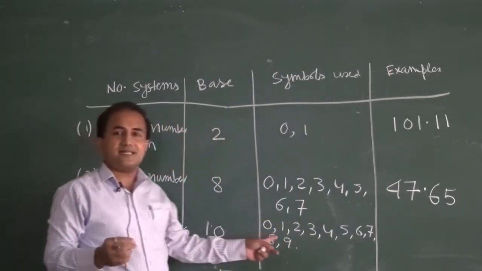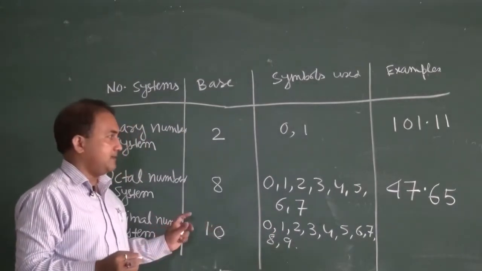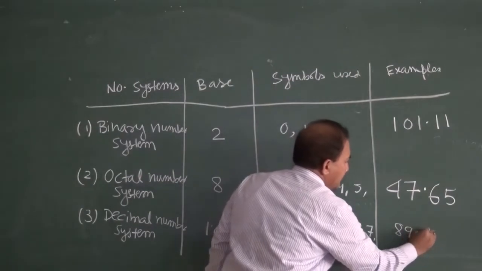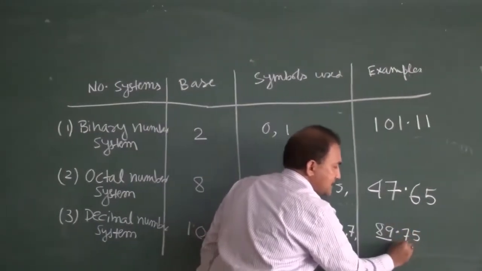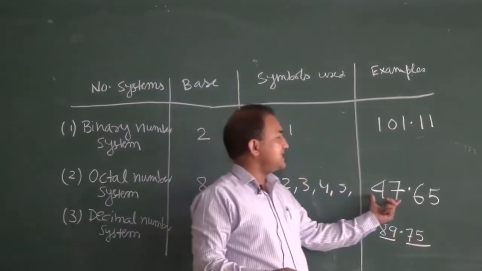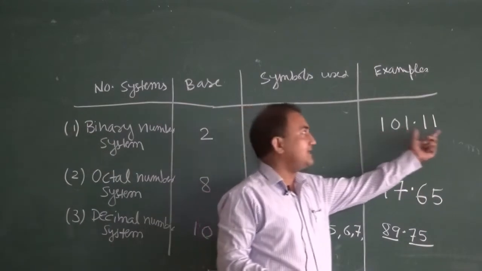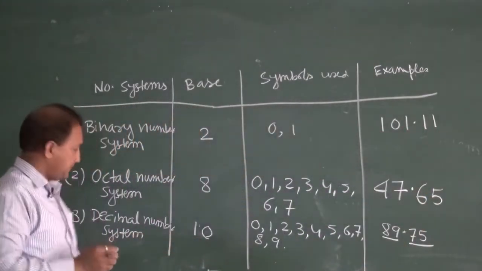So by using these symbols you can represent any decimal number. For example, 89.75. This is integral part, this is fractional part. Is it clear to all of you?